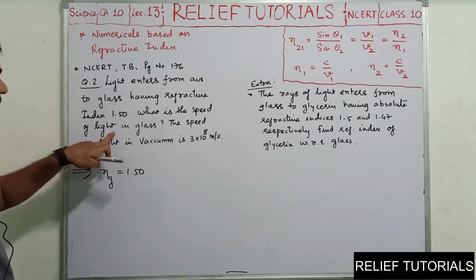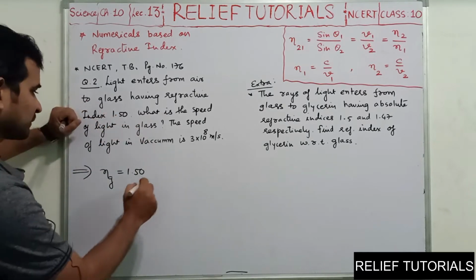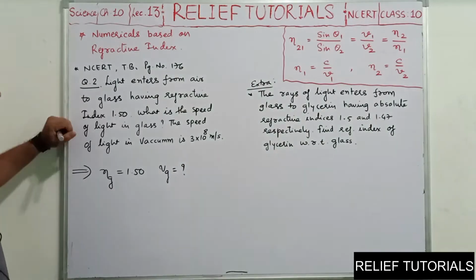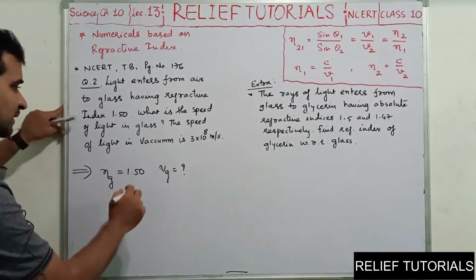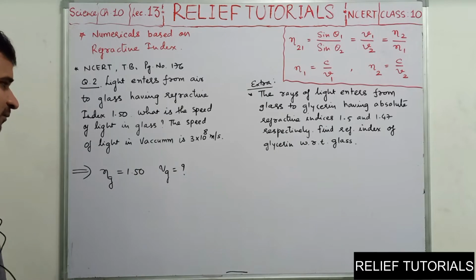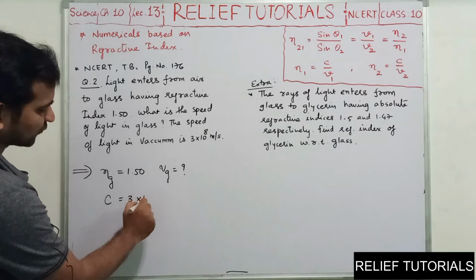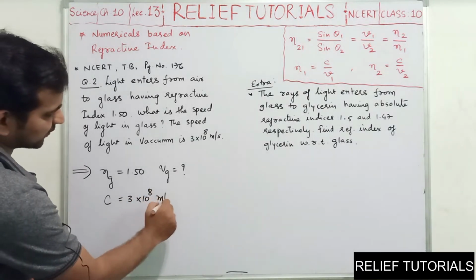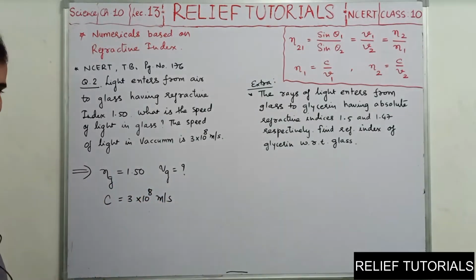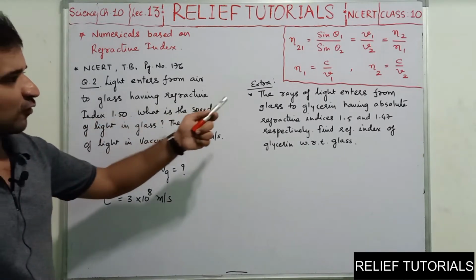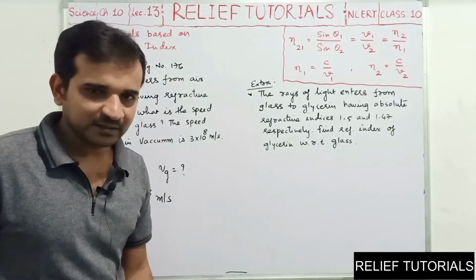What is the speed of light in glass? The question is the speed of light in glass. The speed of light in vacuum is given as 3 into 10 raised to 8 meter per second, so that is the value of c. Obviously here the incident medium is air, so we can use the formula for absolute refractive index.